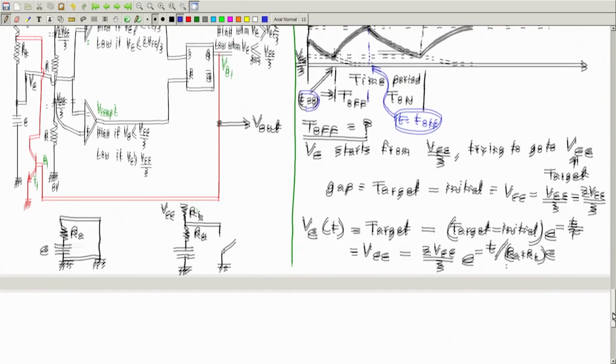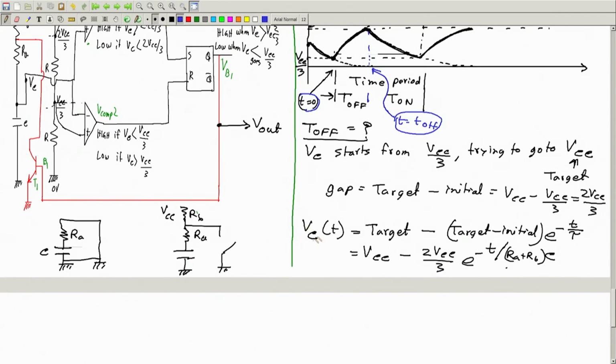So then we write, starting from this equation, the capacitor voltage VC at this moment, t equal to T off, this will be the initial value plus the target term times e to the power minus t by tau.